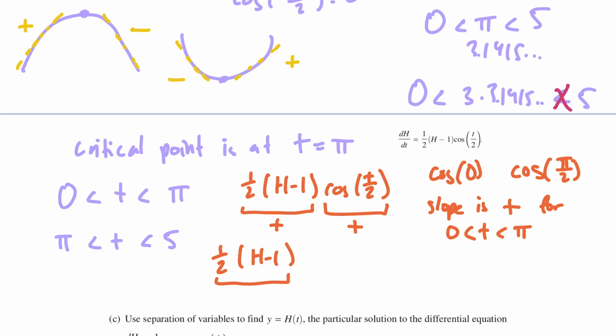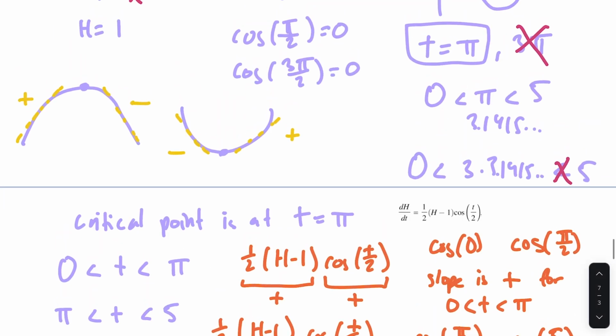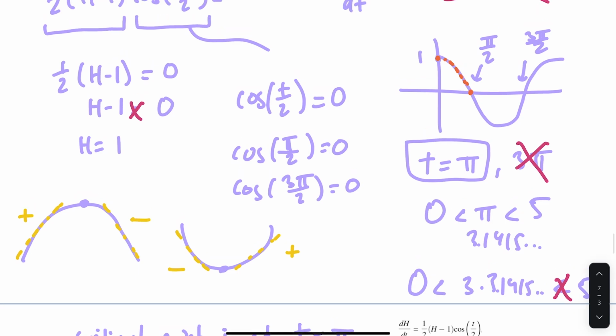As we established, this is always going to be positive. So now we need to look at what's happening to the sign of cosine of t over 2. So we're looking at the values from cosine of pi over 2 to cosine of 5 over 2.